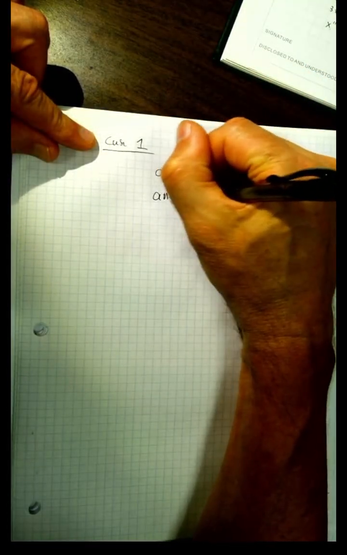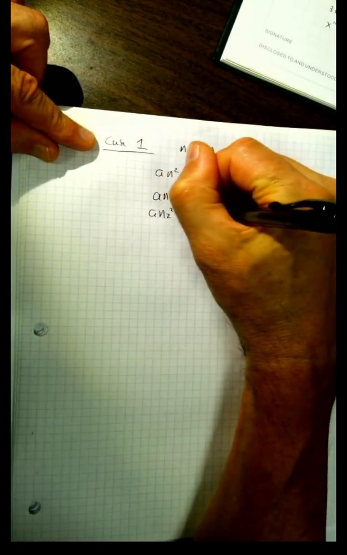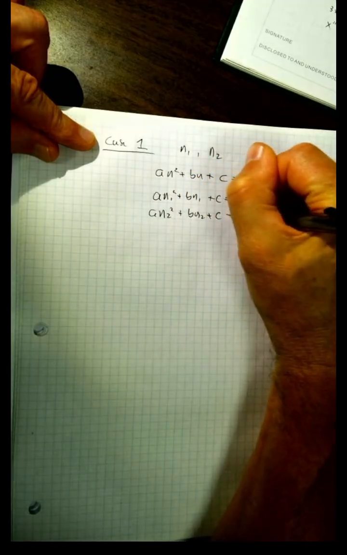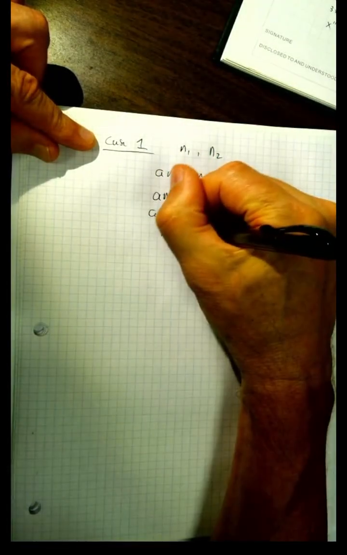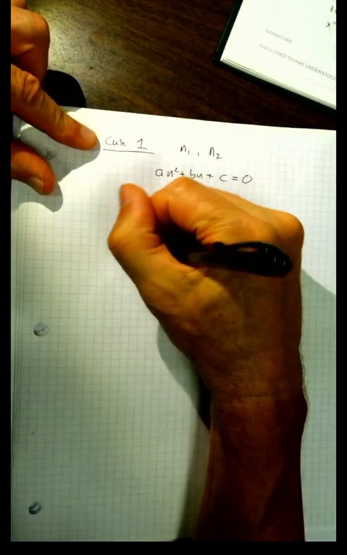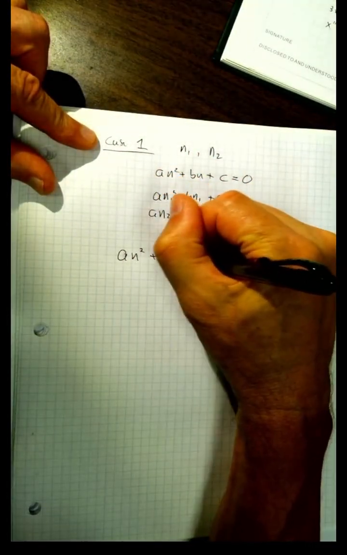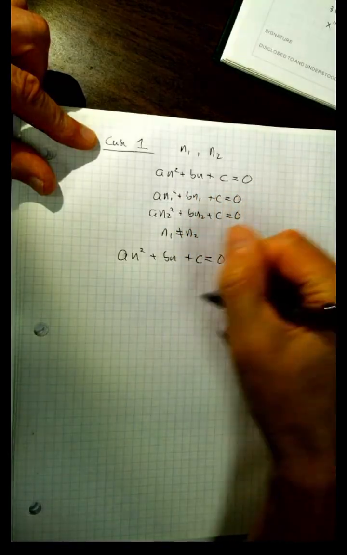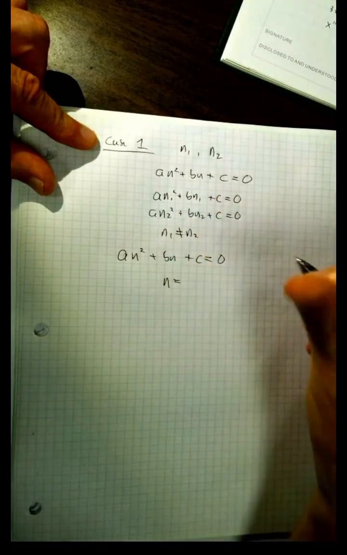And if I have two solutions, that means n1 is 0 and n2 is 0, and n1 is not equal to n2. Right, so we started with an squared plus bn plus c is 0. Notice it's quadratic, so I can use a quadratic equation.